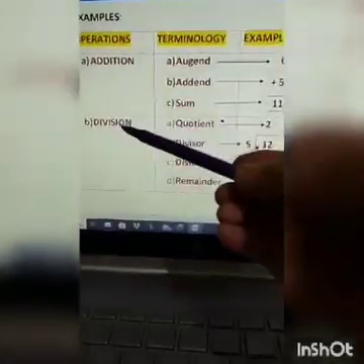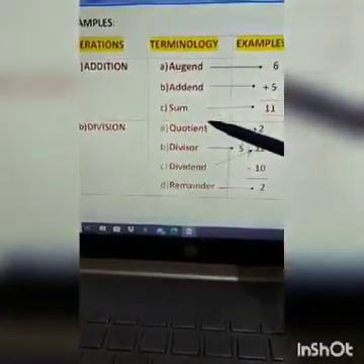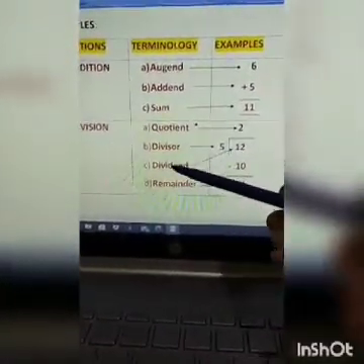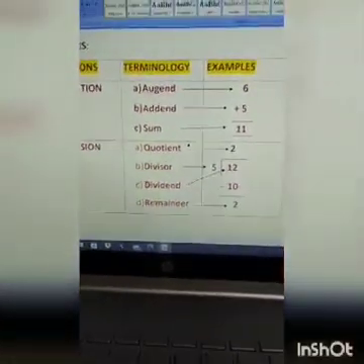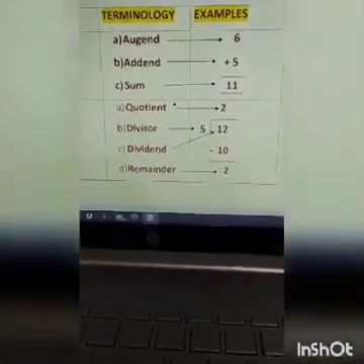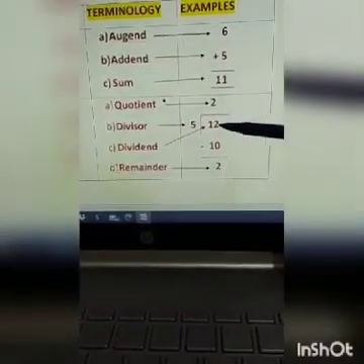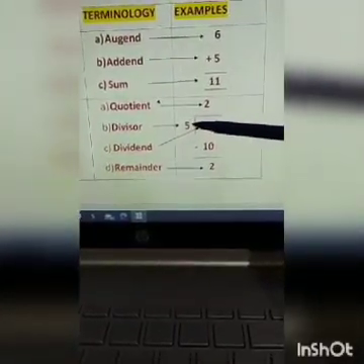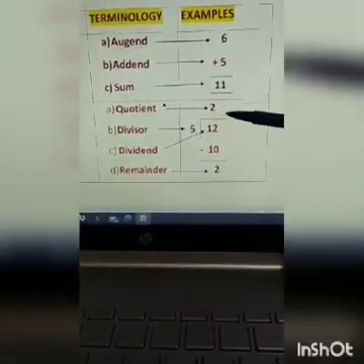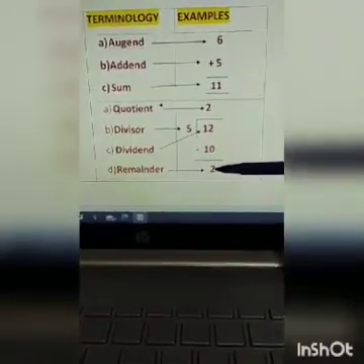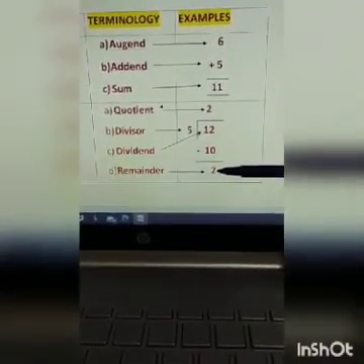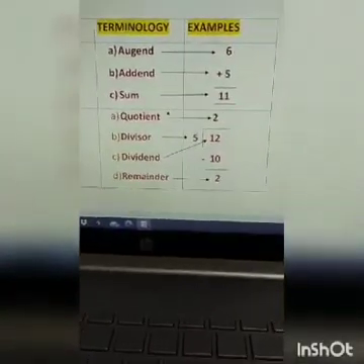Now next is division. Division terminology, you already know all this. If you divide 12 by 5, in that case you know the quotient is 2 and the remainder is also 2. Just follow.